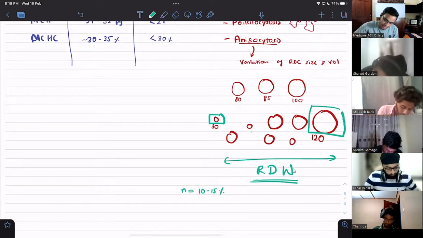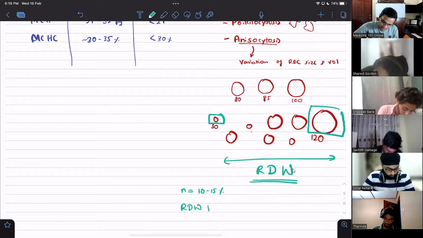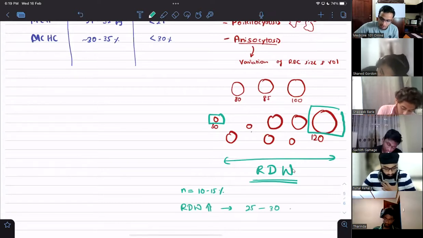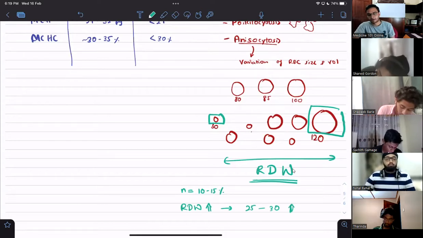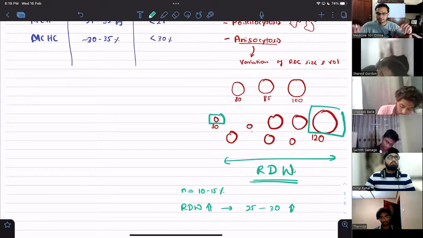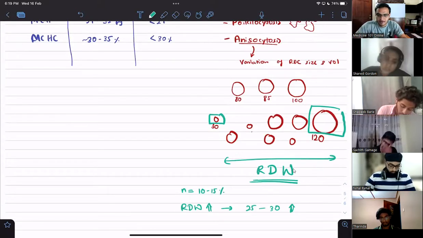RDW increases. Usually, guys, they go 25, 30 or above, because they have very tiny ones and they can have abnormally large ones, right? Understood these? Okay, so those are some of your labs.